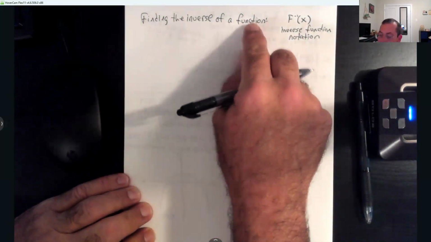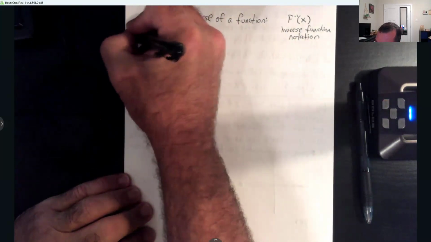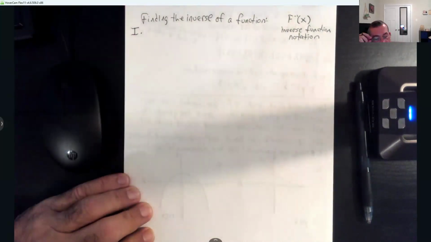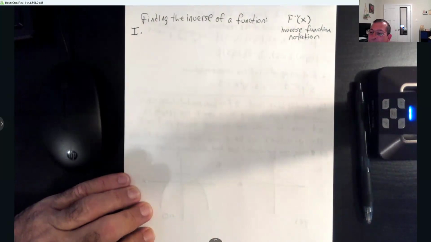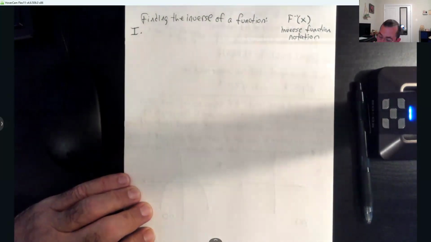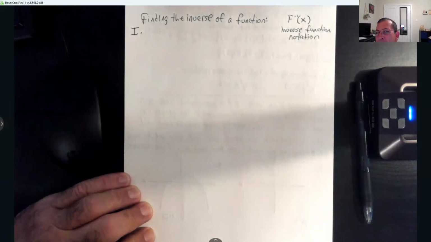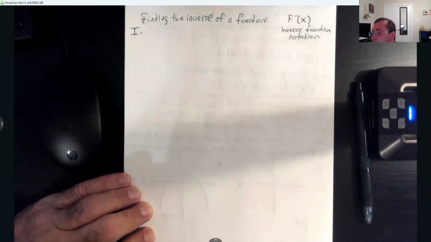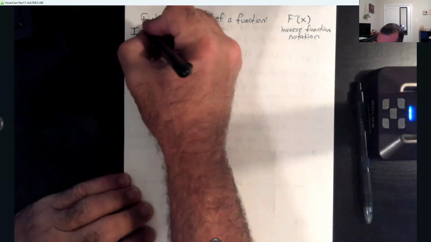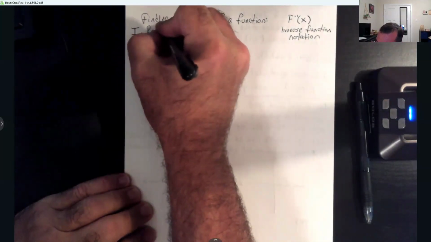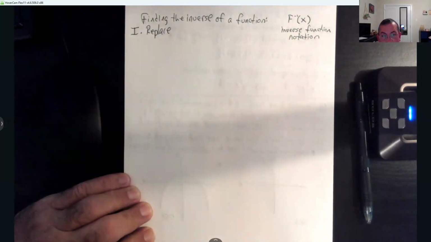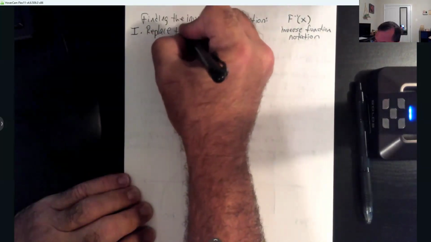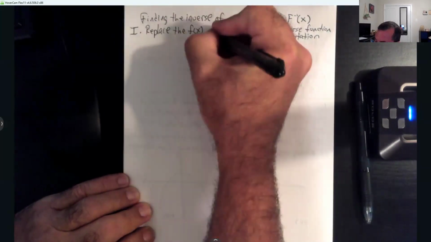So let's look at the steps. So the first step, because these are going to be f of x equals something. Remember, I told you the other day that f of x and y were basically the same thing. So the first thing we'll do, we will replace the f of x with a y.